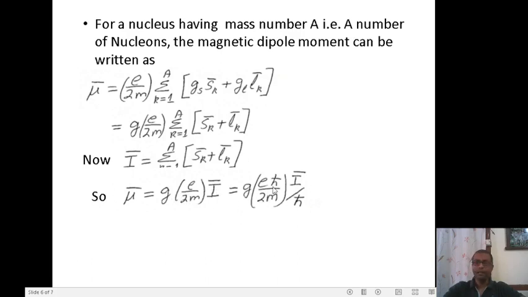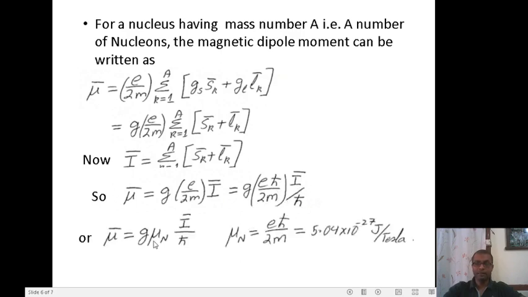So multiplying and dividing by h cross, I by h cross. So this can be written as mu is equal to g mu n I by h cross, where mu n is equal to e h cross by 2m, equal to 5.04 into 10 to the power minus 27 joule per Tesla, is the nuclear magneton, which we have discussed earlier.